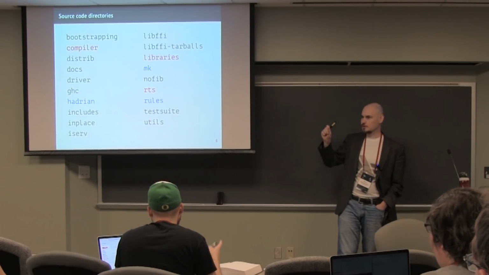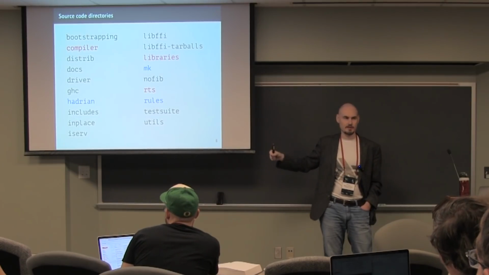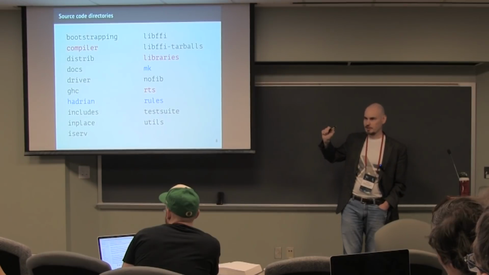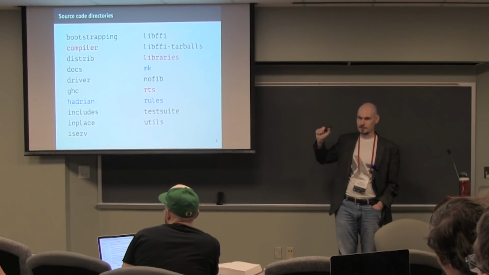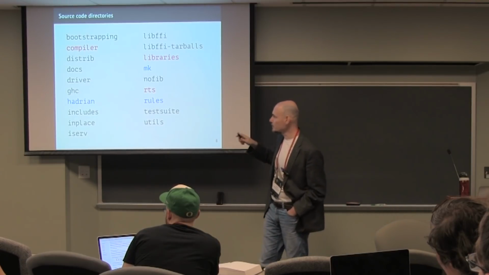This is used for porting this code base to some new platforms. It's a rather difficult process actually. It's very difficult, but it can be done. Everything about it is in the bootstrapping directory.